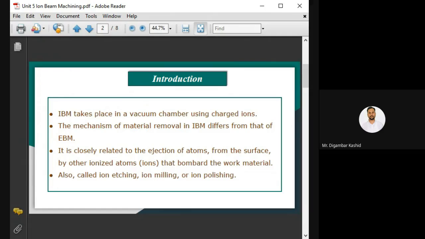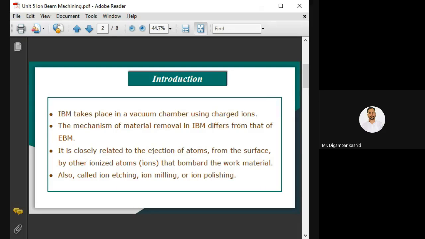So this ion beam machining process is closely related to the ejection of atoms from the surface, again by other ionized atoms that bombard the workpiece. This is the mechanism, and so this process is also called ion etching, ion milling, or ion polishing.